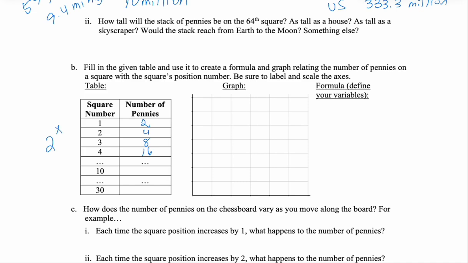So 2 to the 10th, on the 10th square, we have 1,024. And on the 30th square, oh goodness gracious, 1, 2, 3, 4, 5, 6, 7, 8, 9. We have 1 trillion pennies on the 30th square.